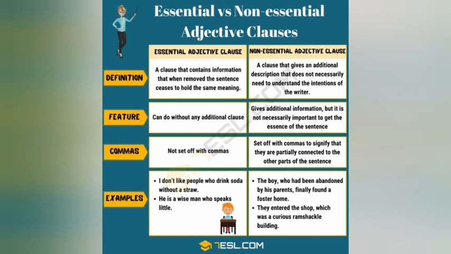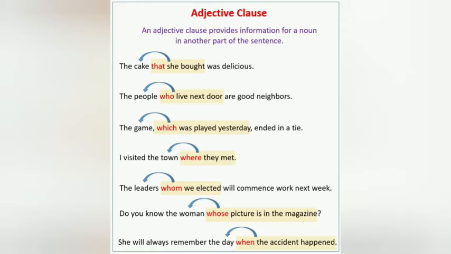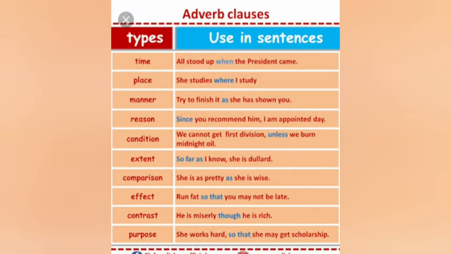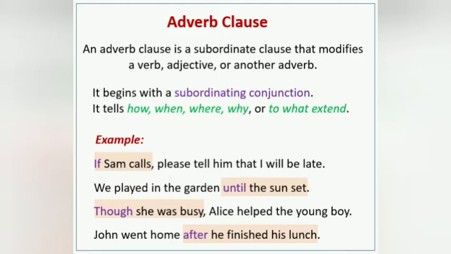What is an adverb clause, students? A subordinate clause that performs the function of an adverb in a sentence is called an adverb clause. Let's look at some of the examples. It is useless to argue since the decision has already been taken.